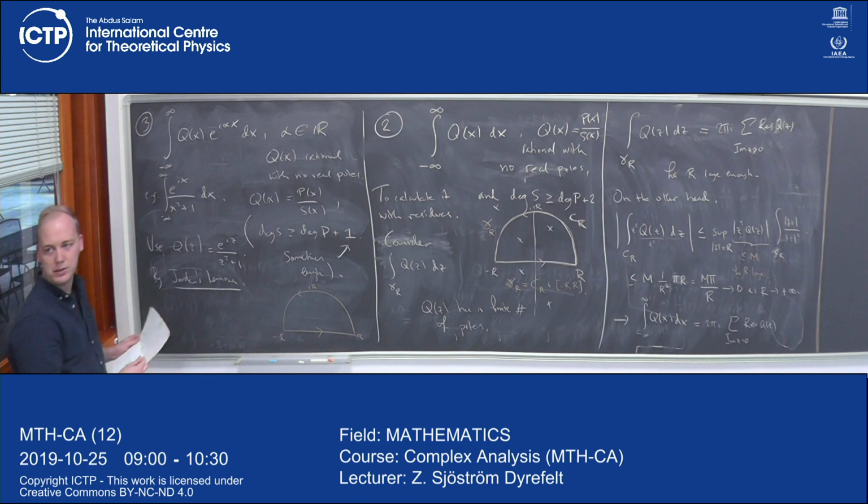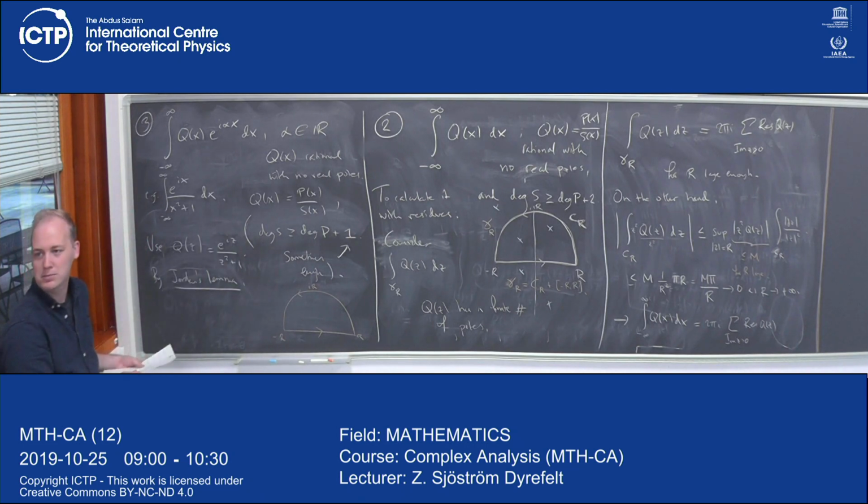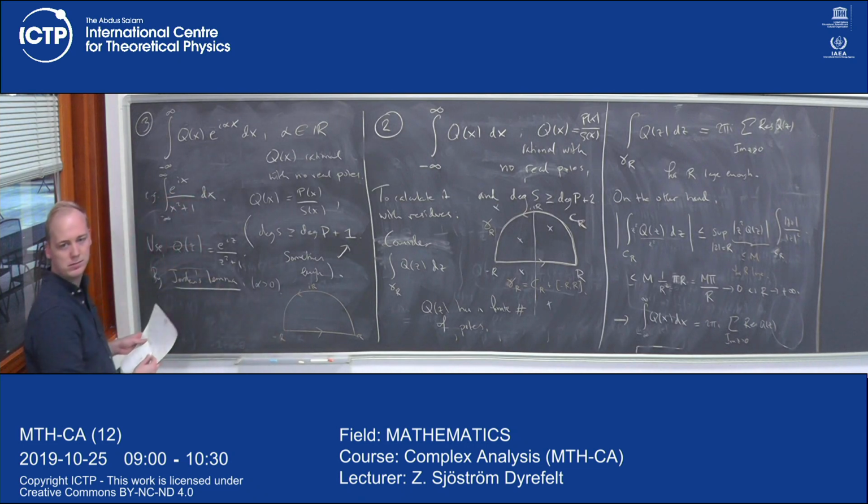This is the difference now: earlier we just did it by hand, now you use Jordan's lemma, so it's a bit more complicated. Jordan's lemma actually applies to alpha greater than 0, so let's assume now alpha is greater than 0.